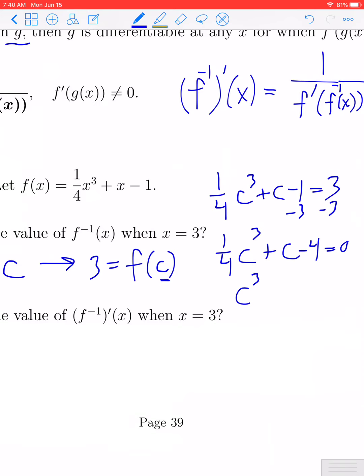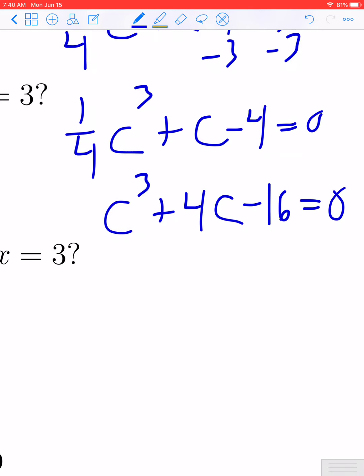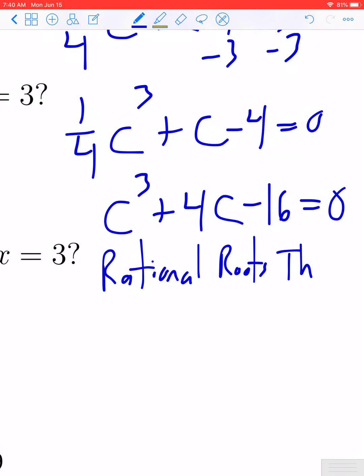We would get c cubed plus 4c minus 16 equals 0. And now this isn't necessarily trivial to solve. This is a polynomial of degree 3 or higher, and we could appeal to things like the rational roots theorem. If you wanted to go through this thoroughly, you would be able to find a solution by hand.